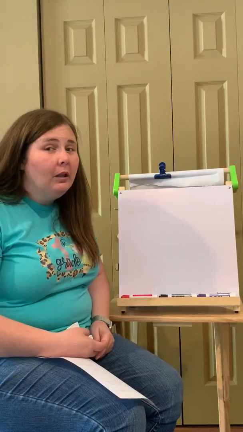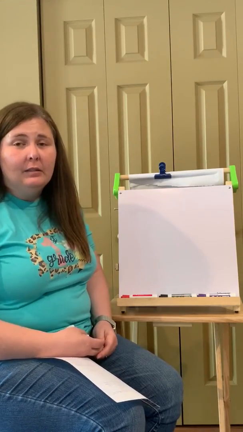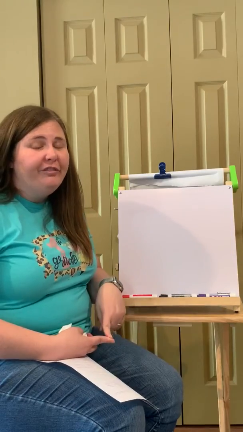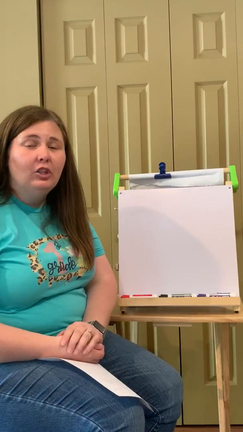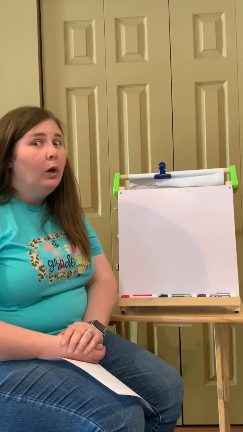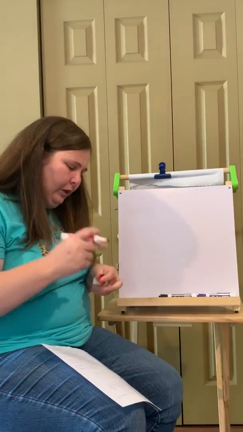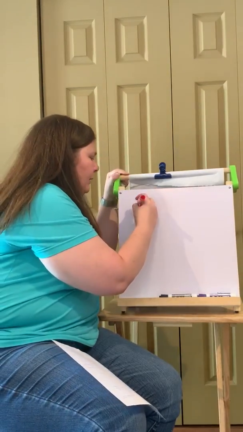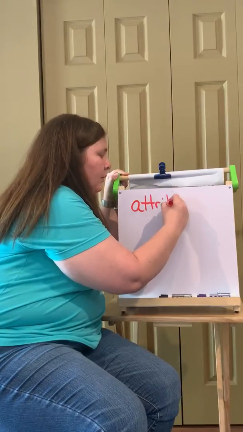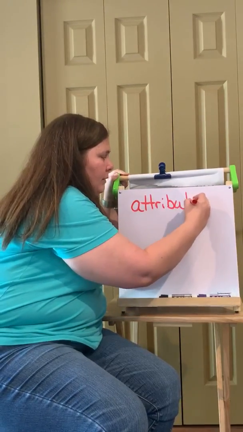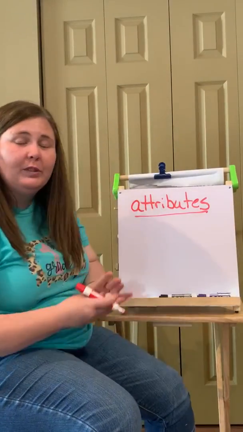If you are following along on YouTube with Miss Kristen's lessons, today we're going to look at Module 5, Lesson 1. It's just an introduction to a big word we're going to talk about. The word is attributes.